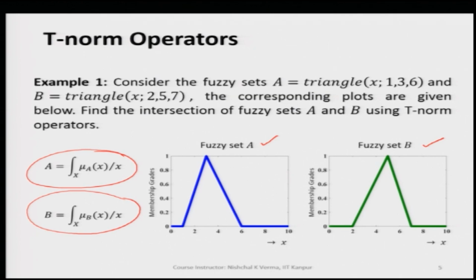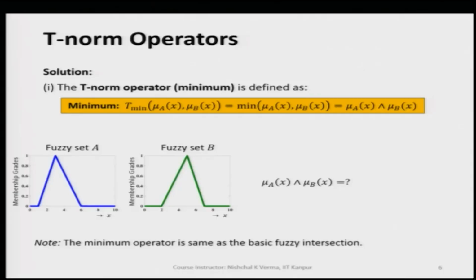When we say T norm operator, if nothing has been said, we use the min operator as the T norm. So, here we have used minimum because nothing has been said about the T norm operator, and we find it for each and every corresponding value of mu A of x and mu B of x.